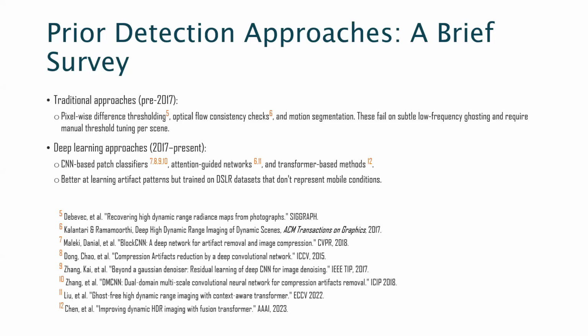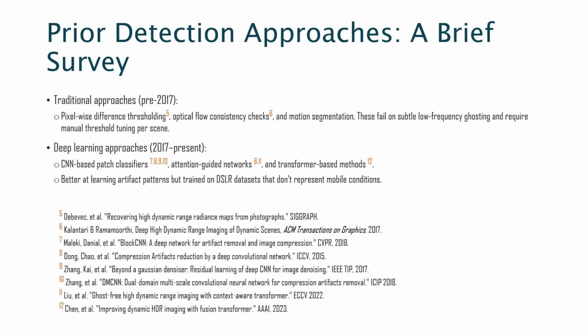While post-2017, with CNN-based classifiers, attention-guided networks or transformer-based methods, they have tried to address these problems, in which we feed transformers or do some image inpainting that are better at learning artifact patterns. But the problem is that all of these methods are trained on DSLR datasets.